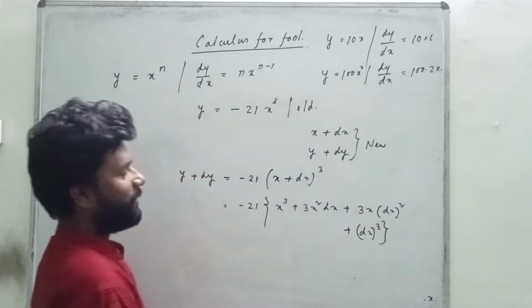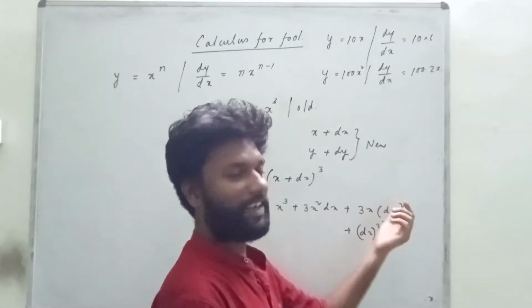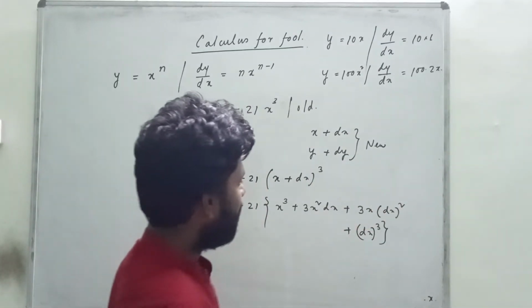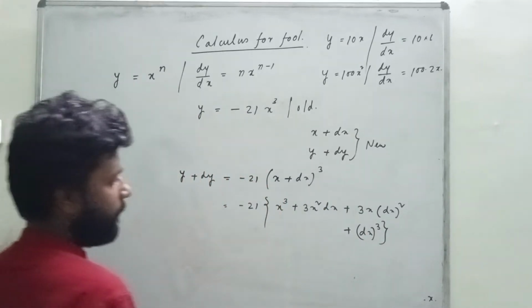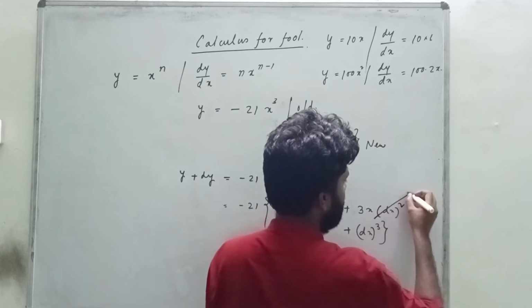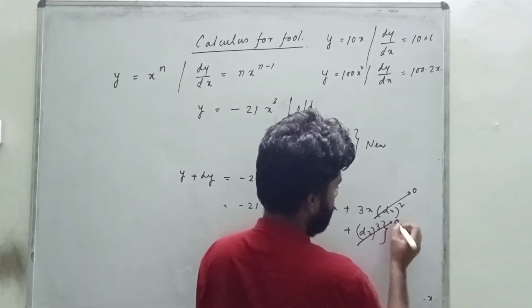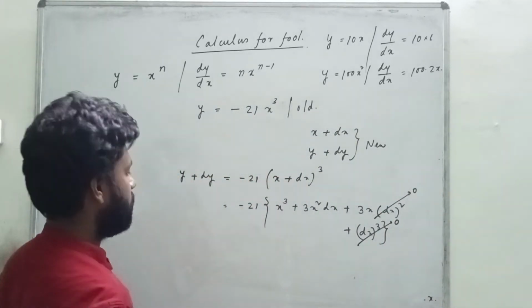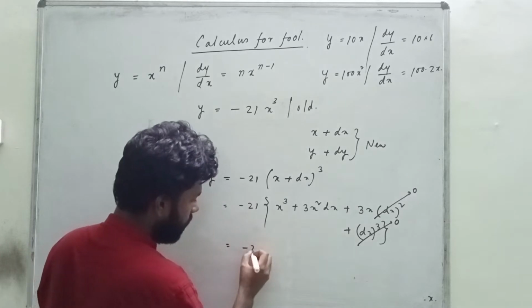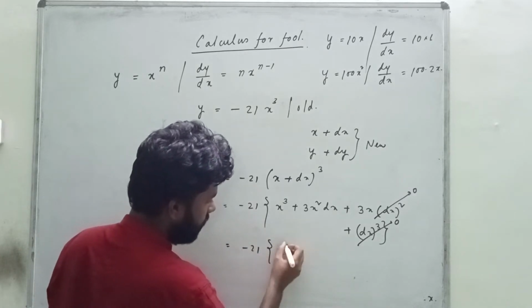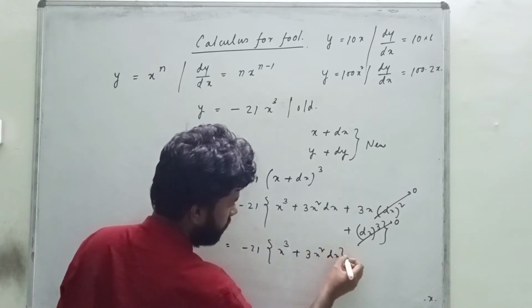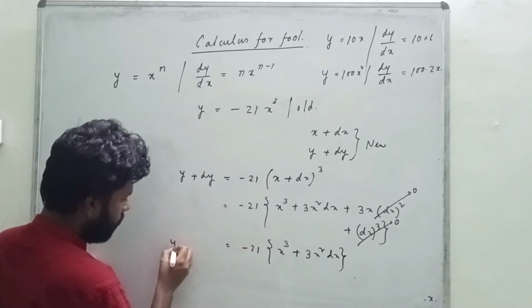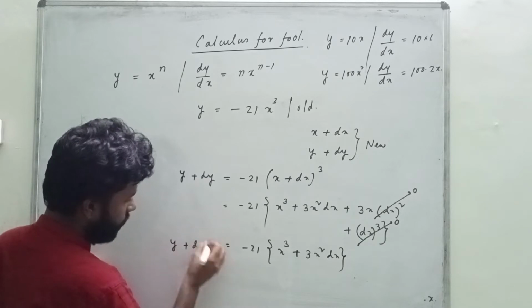Now dx squared is a very small thing, and dx cube is much smaller, so you can cancel them out. We are left with minus 21 times x cube plus 3x squared dx, which is y plus dy.